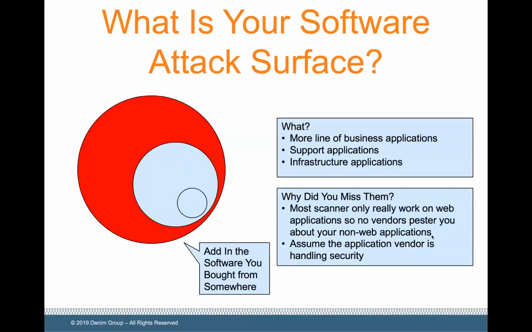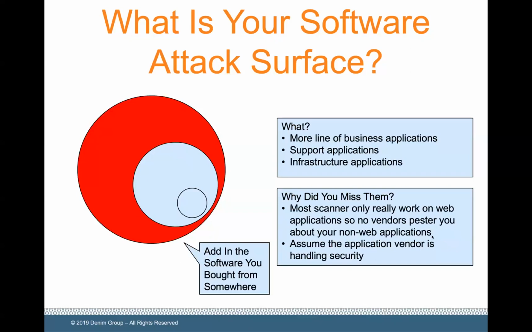Then you need to start to think supply chain. What about software that you bought from somewhere? Again, more line of business applications that were procured for some specific purpose, support applications or infrastructure applications. How many of the technologies you've purchased have web-based consoles that are used to manage those technologies? Why did these get missed originally?